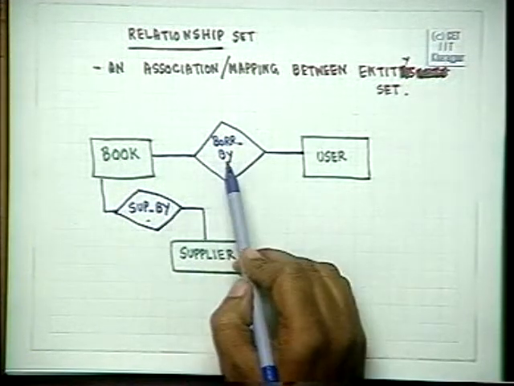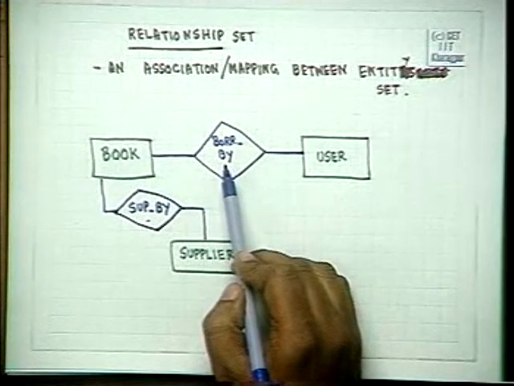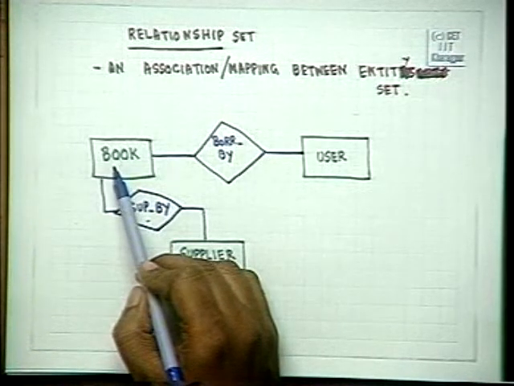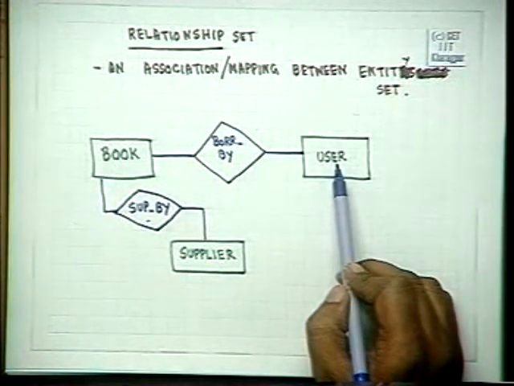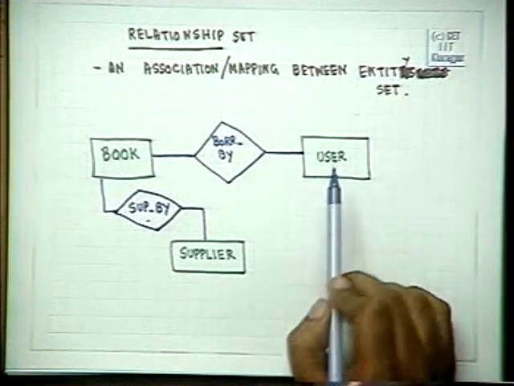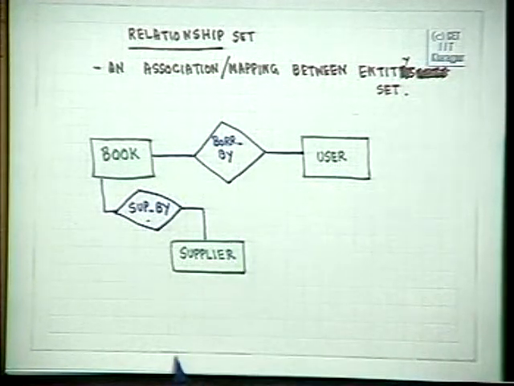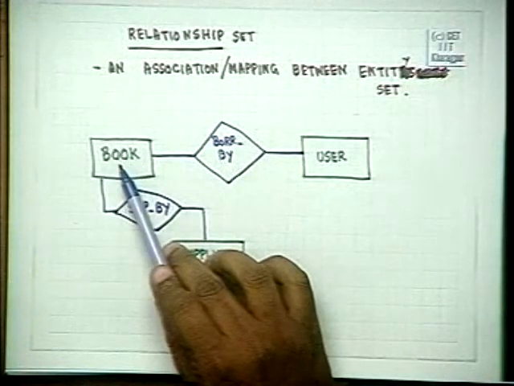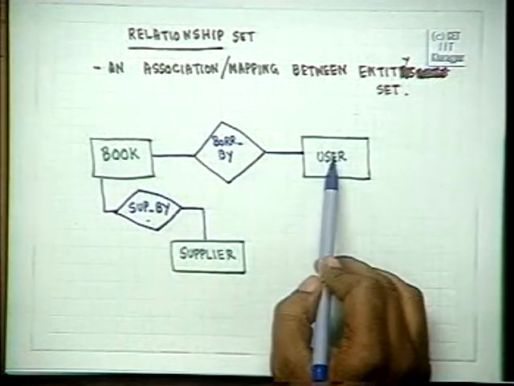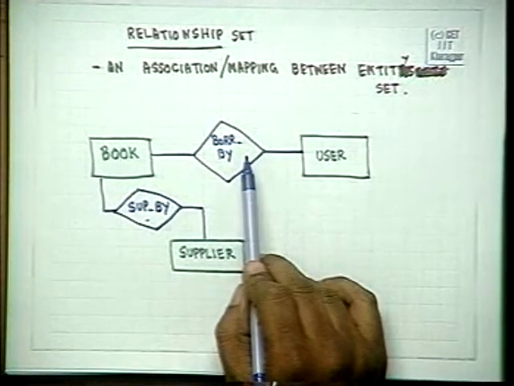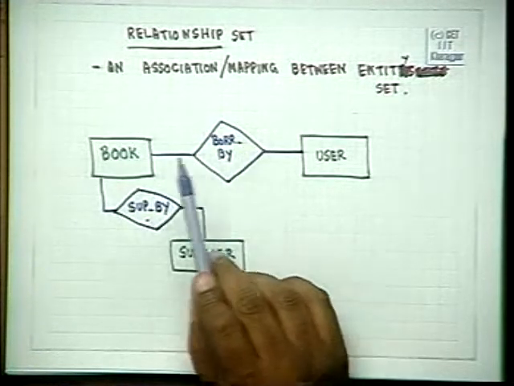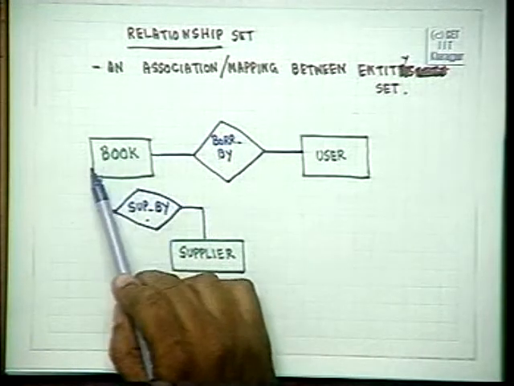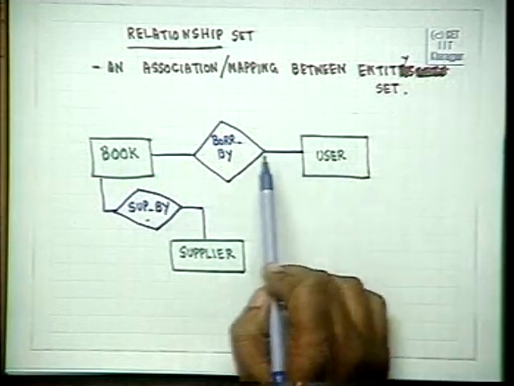Now how do we express this borrowed by or this supplied by relation? This book has got certain attributes and this user has got certain attributes. So in the first look, the borrowed by relationship will have the attributes of the book and the attributes of the user, and it will contain only in that set all those books which have been borrowed by these particular users.